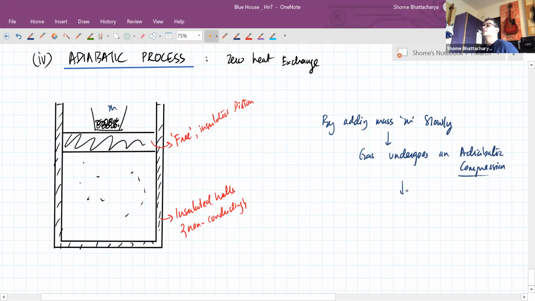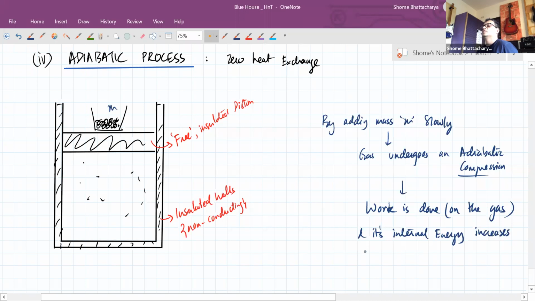So what you'll see in that is that work is done on the gas. Okay. And its internal energy increases, but there is no heat exchange. Okay. So work is done on the gas means work done by the gas is negative.